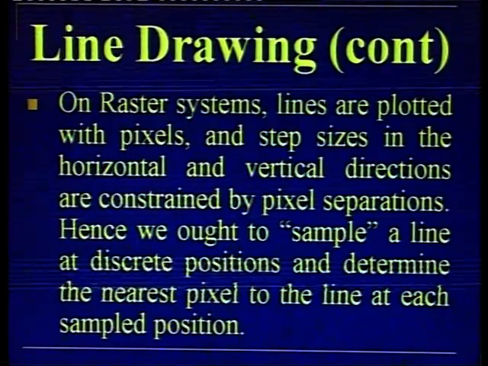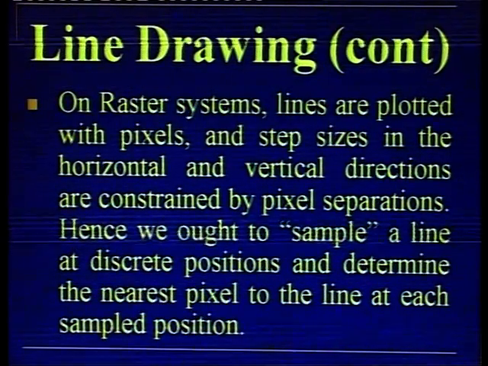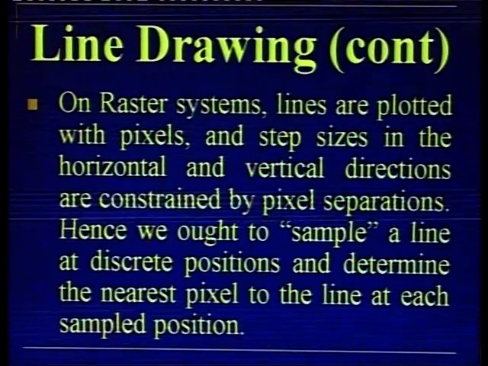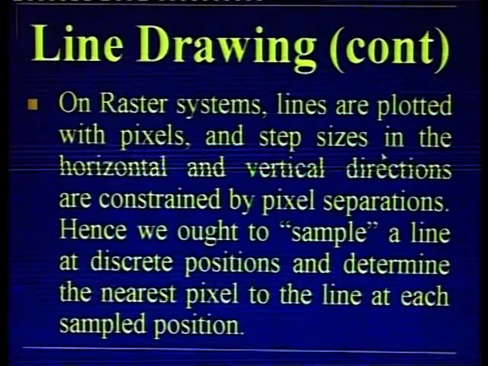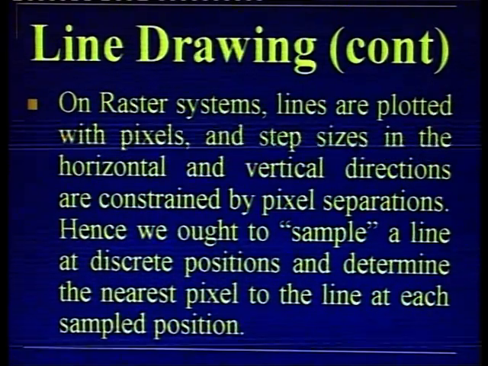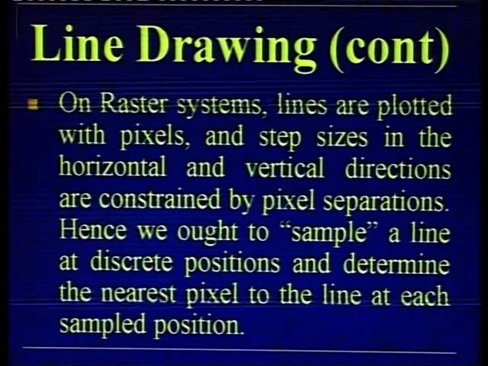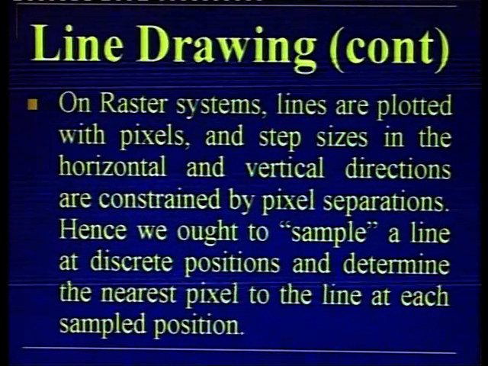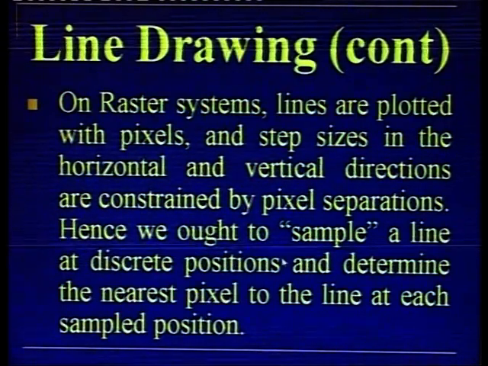In line drawing further, on some raster systems, lines are plotted with pixels and step sizes in the horizontal and the vertical directions are constrained by the pixel separations. Okay, how the pixel is separated from each other. Hence, we ought to sample a line at discrete positions.